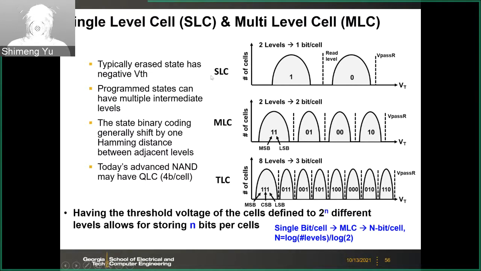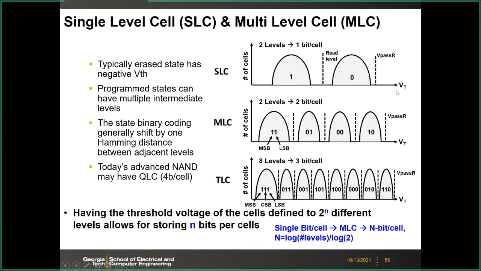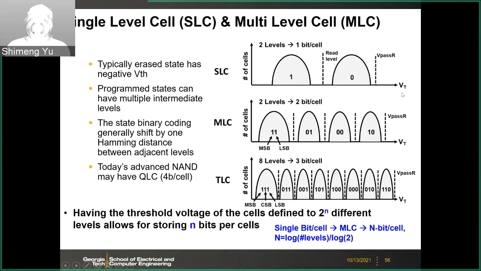For the single level cell here, we show the VT, the threshold voltage distribution. In one array, due to the variation, you will have a spread-out distribution of the threshold voltage even after you program or erase. But anyway, you have two groups, two distributions.